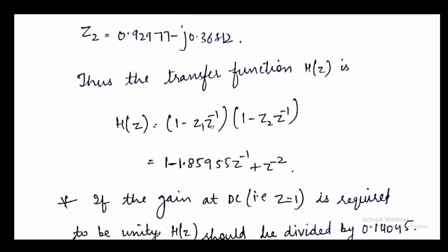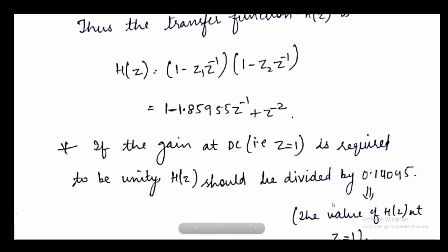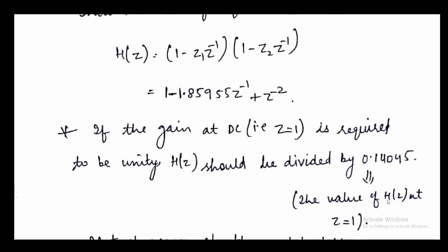If you see the gain at DC, which is for z equal to 1, we require that it should be unity. So we have to divide H(z) by 0.14045, which is the value of H(z) at z equal to 1. So this will be our H(z).